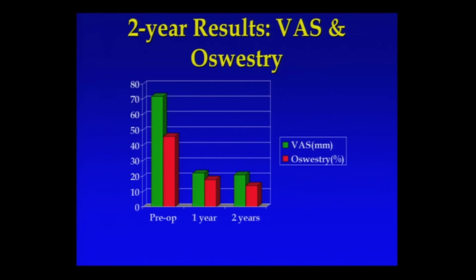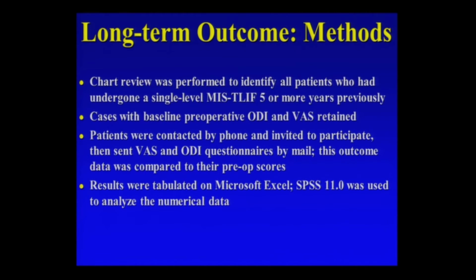And then the VAS and Oswestry data showed significant reduction at 2 years in both the visual analog scores for leg and back and also for the Oswestry. And again, others have since published similar studies with similar findings showing reduction at 2 years in VAS and Oswestry with minimally invasive TLIF.